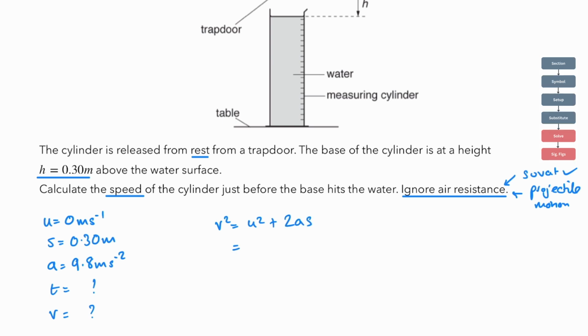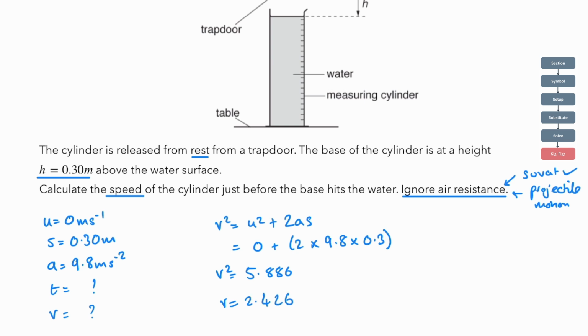Then we substitute in our data from the left-hand side and solve. V squared is equal to 5.886, which means v is equal to the square root of that, so 2.426.